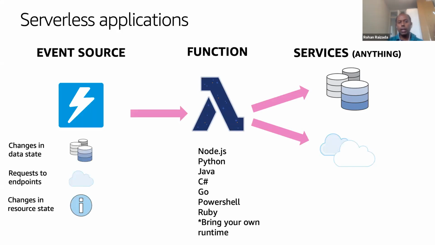The trigger in this case is the event source. This could be any event, such as a change in your data state in a database, an incoming request, or one of your resources changing state. Based on that event source, the function gets triggered and it can make a call to those services and then send the result back or do any processing.